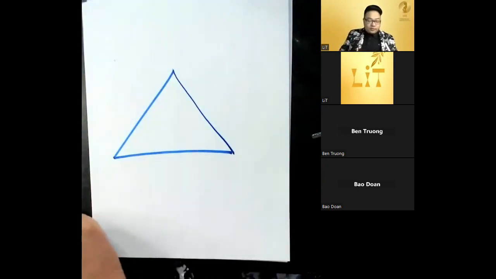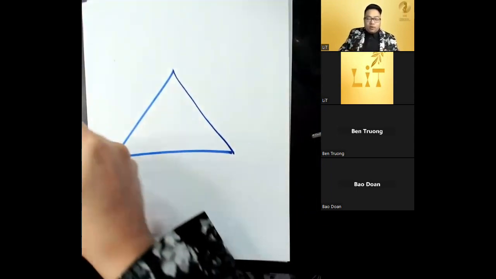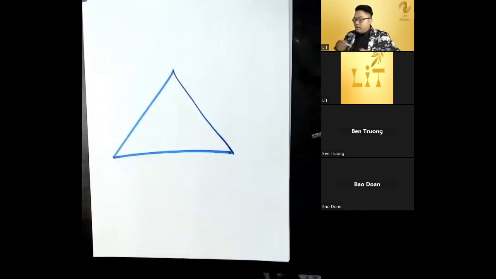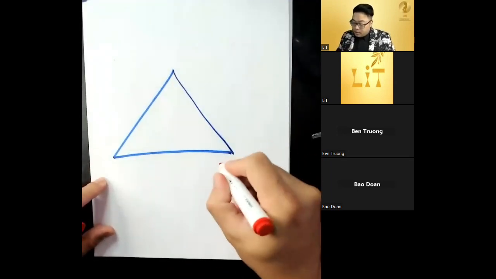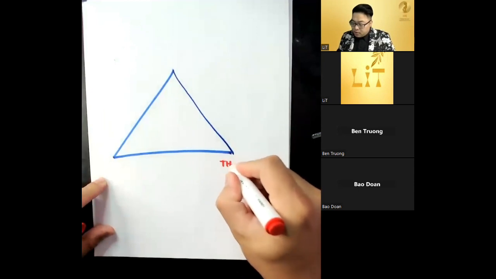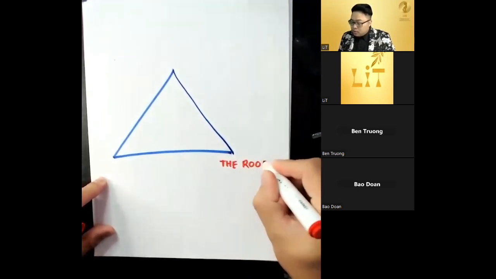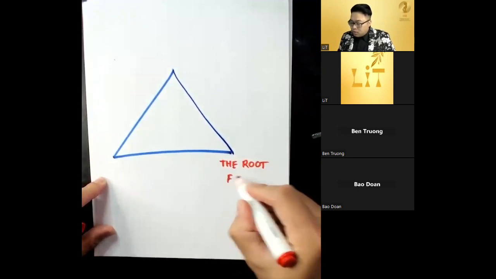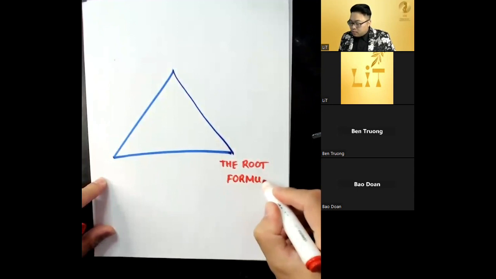On the right hand side, I would like to invite you to write the root formula.